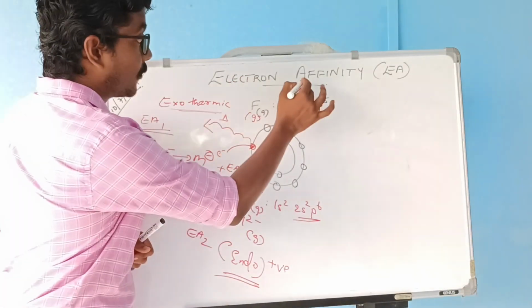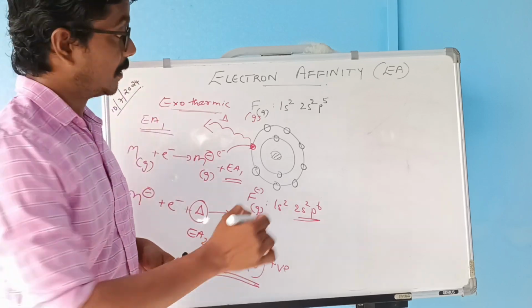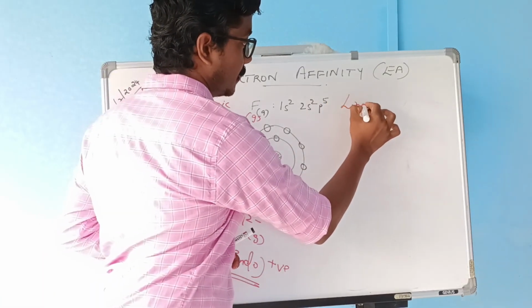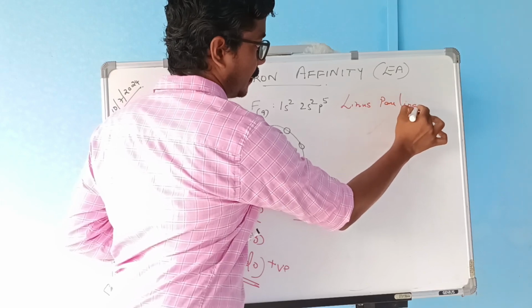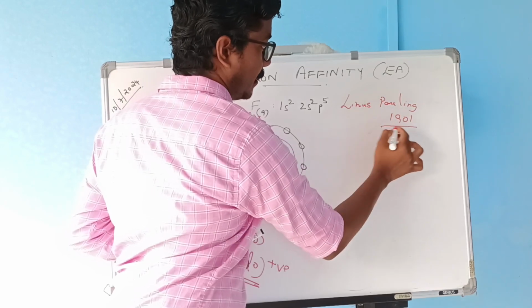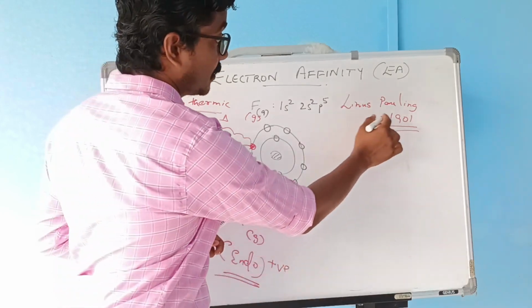Electron affinity was discovered by Linus Pauling in 1901, a chemist and scientist.